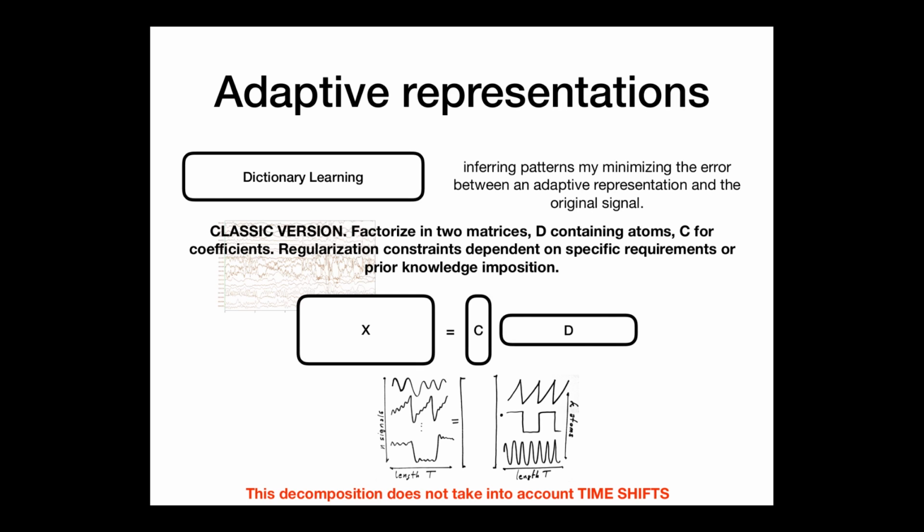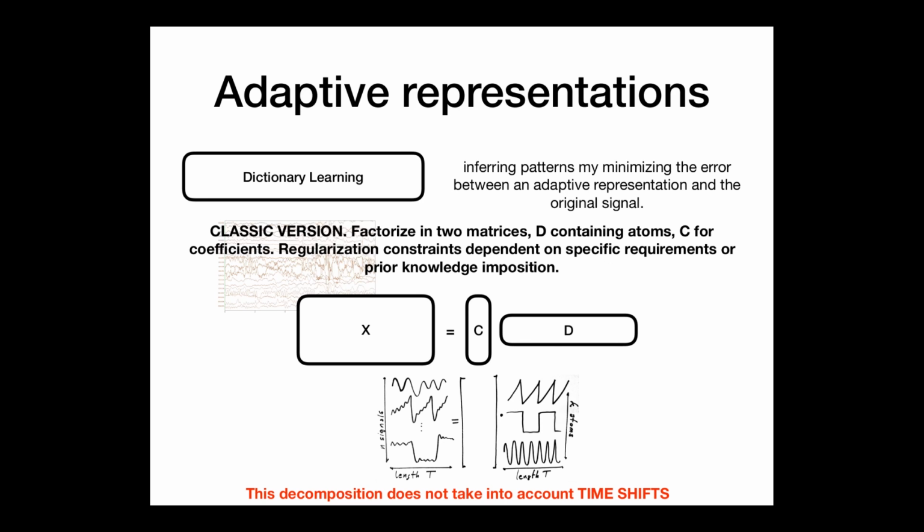Through dictionary learning, what we try to do is to represent the input data as a linear combination of some patterns. In the dictionary learning case that doesn't take into account time shifts, this dictionary has the same length in time as the input data.